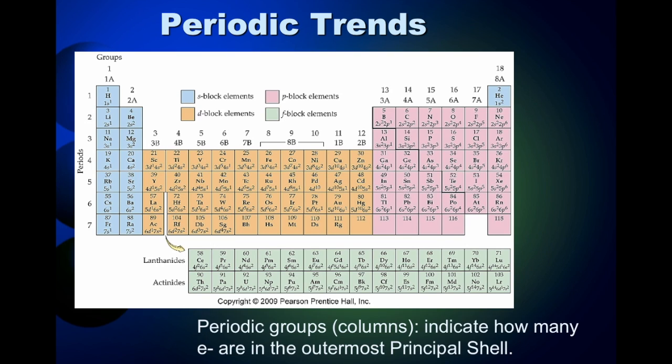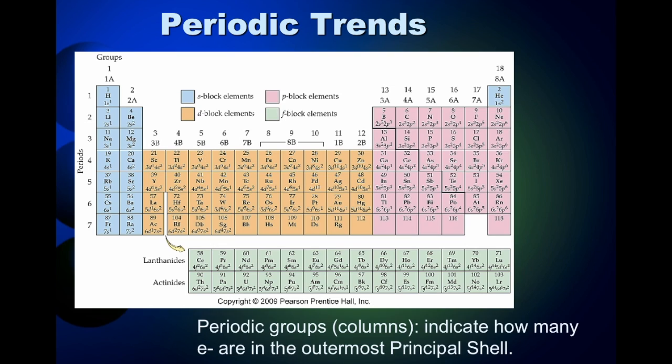And we're going to ignore the transition metals, because again, they're a little bit more complicated. But group 3A, which is also sometimes called group 13, has 3 electrons, 4 in 4A, 5 in 5A, 6 in 6A, 7 in 7A, and then 8 electrons in 8A.